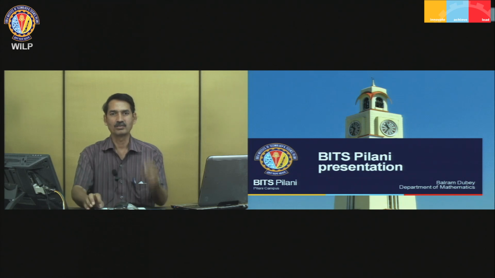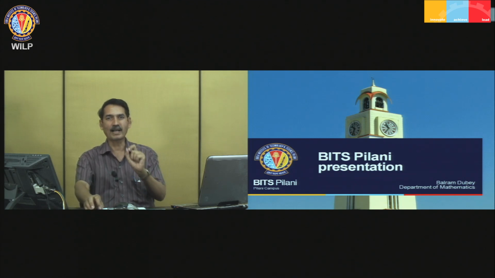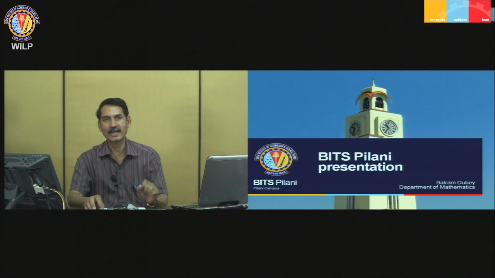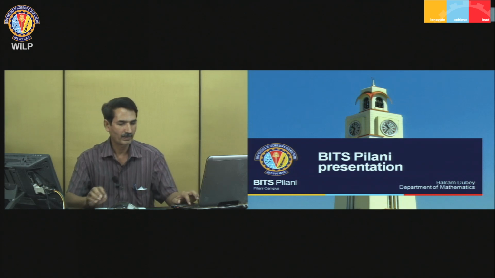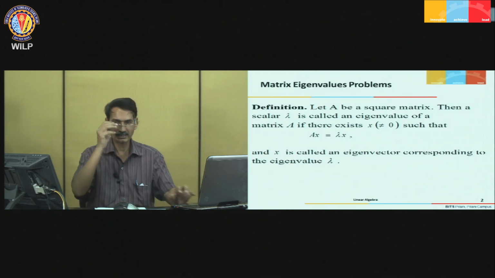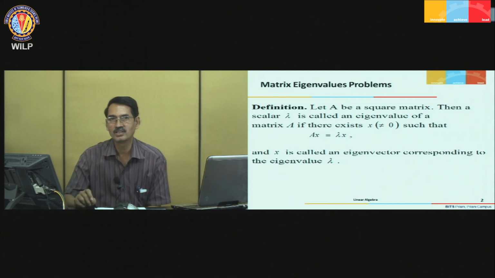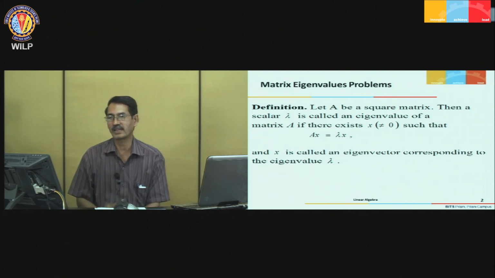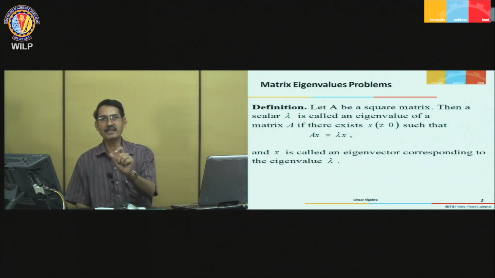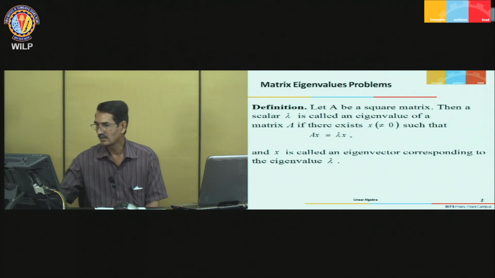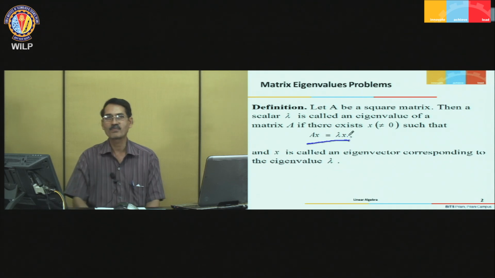So, if you recall the meaning of eigenvector and eigenvalue of a matrix, we have seen that if A is a square matrix of order n, then a scalar value lambda is called an eigenvalue of the matrix A if we can find a non-zero x which will satisfy the relation Ax = lambda x.